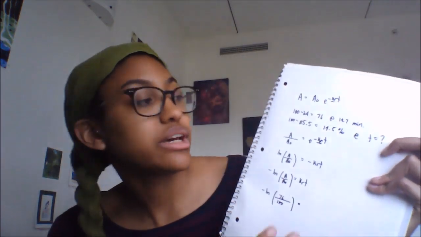So we put 76 in the numerator and 100 in the denominator, since that's the total amount. And we know that this happens at 19.7 minutes. All right, so we have k, and we're doing 19.7 minutes.